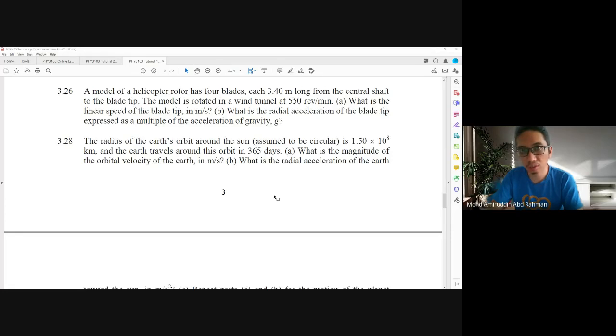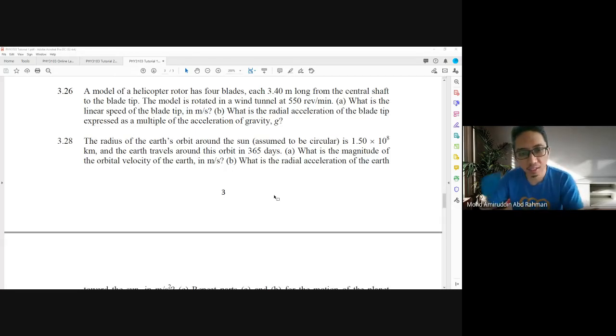So you need to divide that by G. You get 1.15 times 10 to the power 3 G. G is the acceleration of gravity, meaning it's 1.15 times 10 to the 3 times 9.8.